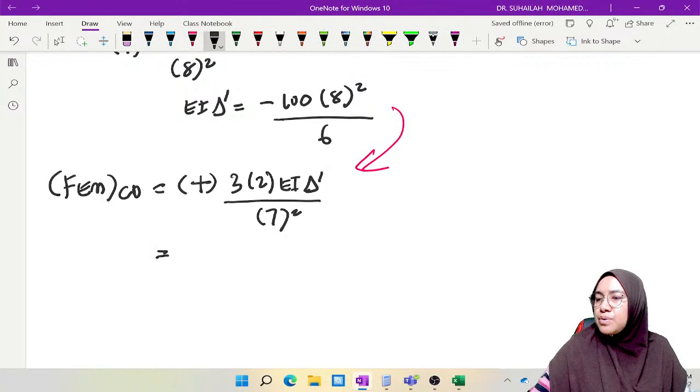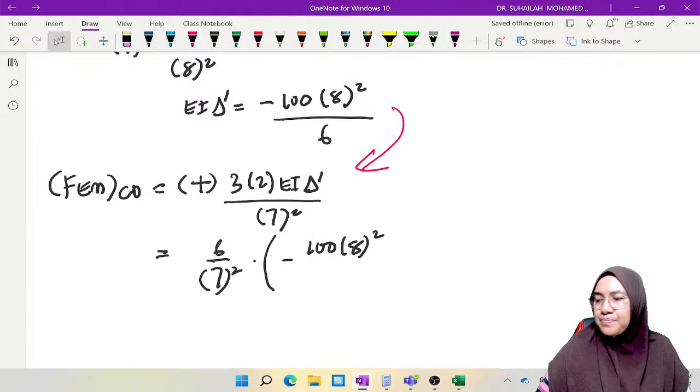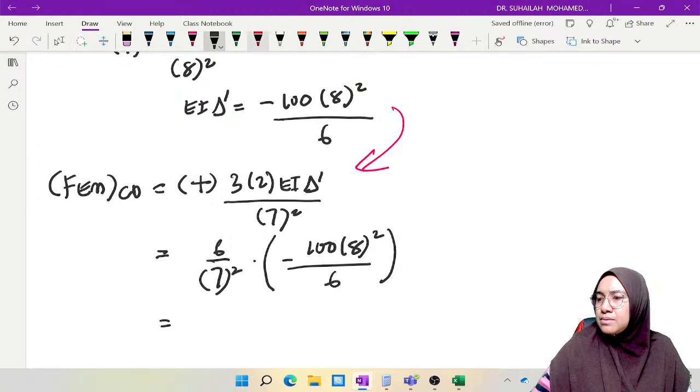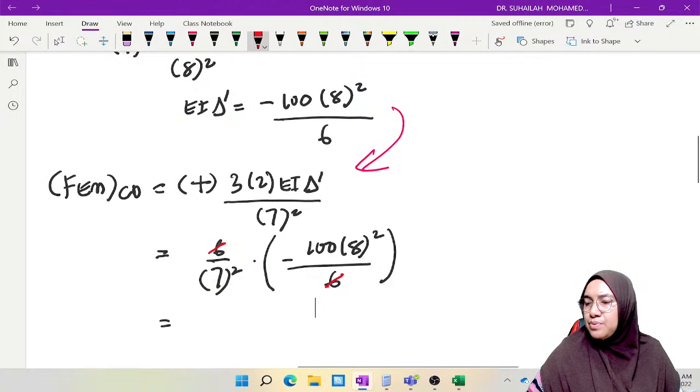So we will get 3 times 2, 6, over 7 square, times negative 100 times 8 square divided by 6. Then cancel this, and we will get negative.